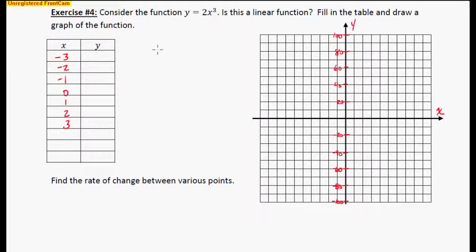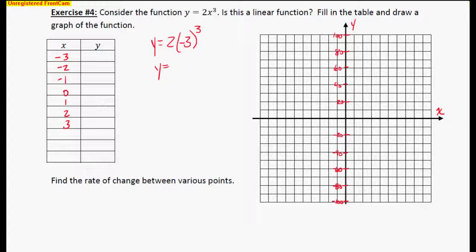All right, so if you need to pause the video, that's fine, but I'm going to go ahead and fill in some values, and you can see if I put in a -3 for this one, that means I'm taking negative 3 times negative 3 times negative 3. That automatically gets me up to a negative 27.